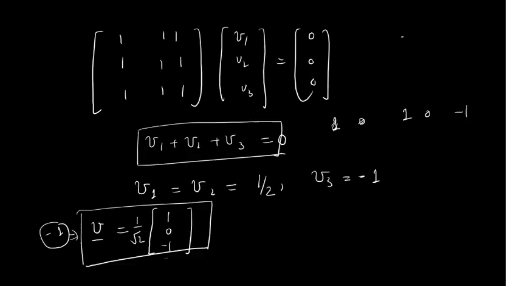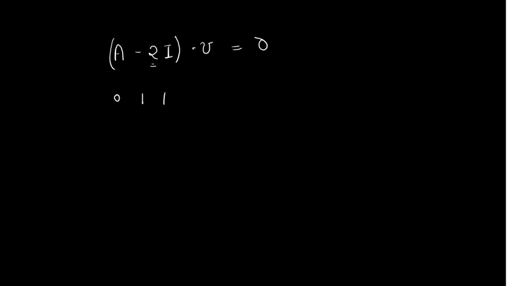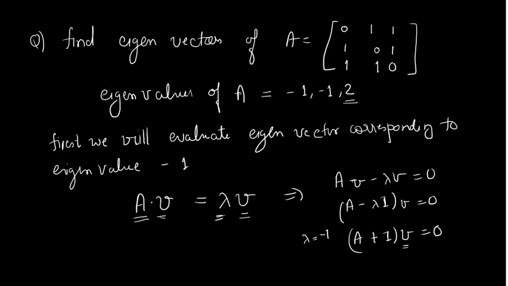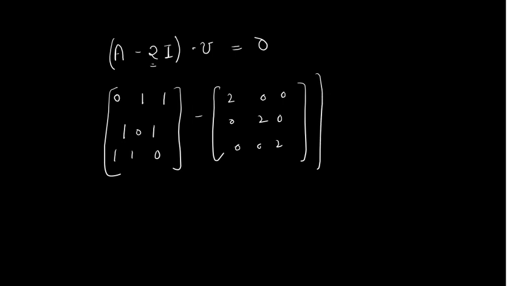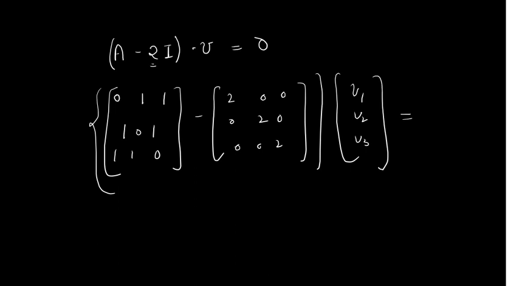A is 0 1 1, 1 0 1, 1 1 0. 2I is 2 0 0, 0 2 0, 0 0 2. When you multiply it with the 3x1 vector v, A minus 2I will give you -2 1 1, 1 -2 1, 1 1 -2.